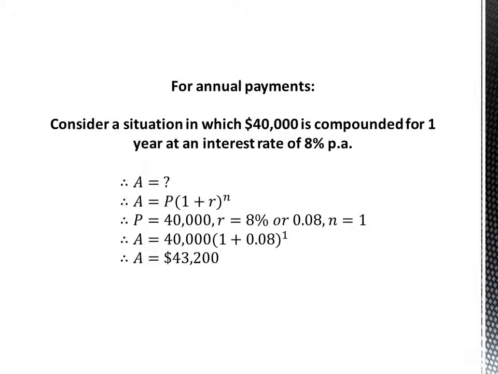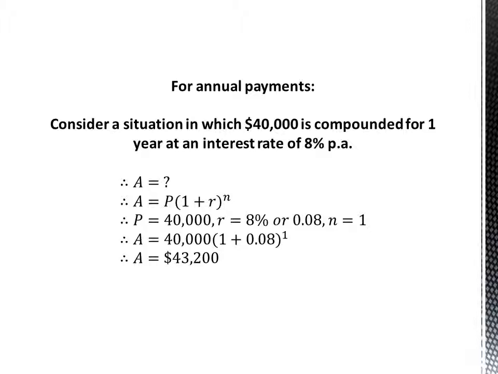For annual payments, consider a situation in which $40,000 is compounded for 1 year at an interest rate of 8% per annum. So in this instance, we are trying to find the amount loaned or invested after n years using the annual compounding formula.